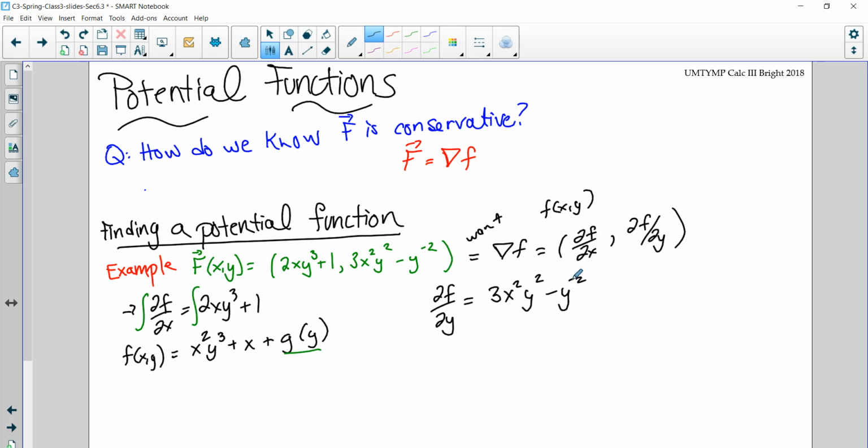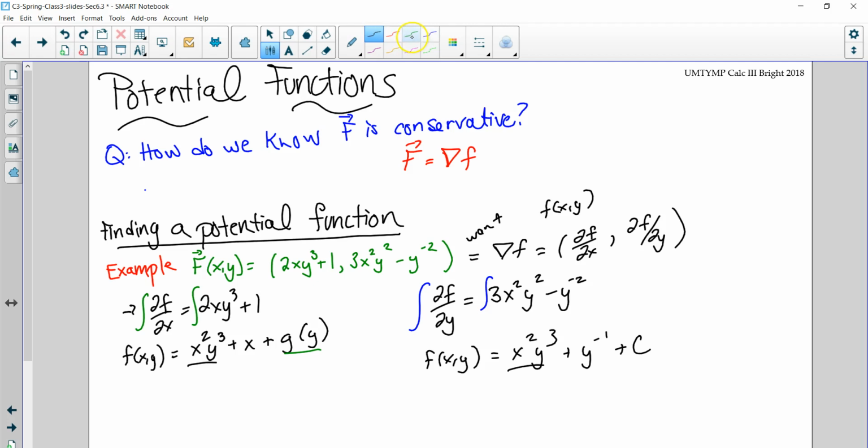Again, I find the antiderivative of each side with respect to y, and I get f of x and y equal to x squared y cubed. So far those are matching, which is good. Integrating y to the minus 2 gives y to the minus 1 divided by negative 1, plus a constant.